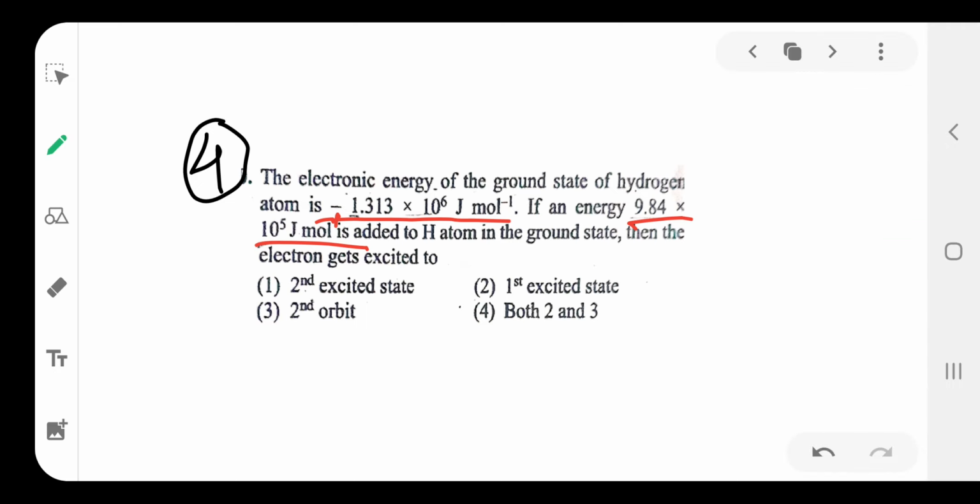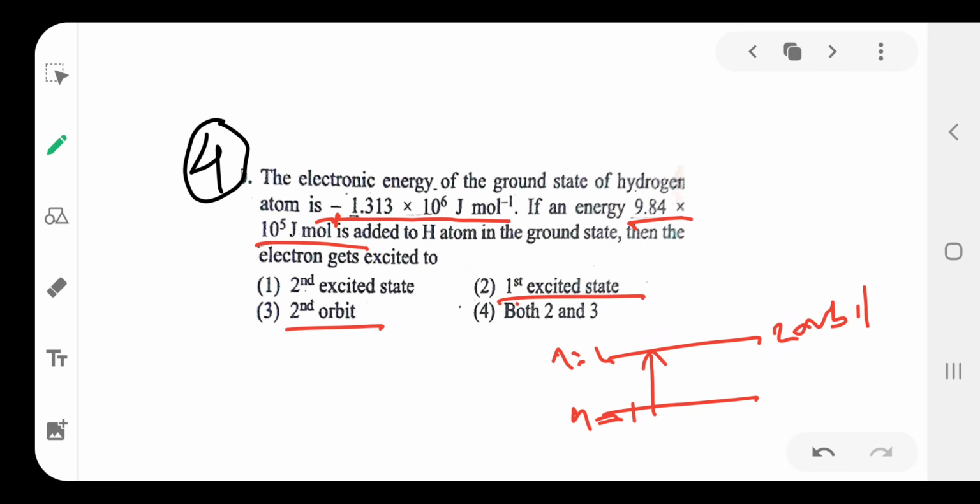First excited state or second orbit, both are the same. That's why the option is both 2 and 3. So this is the fourth question answer.